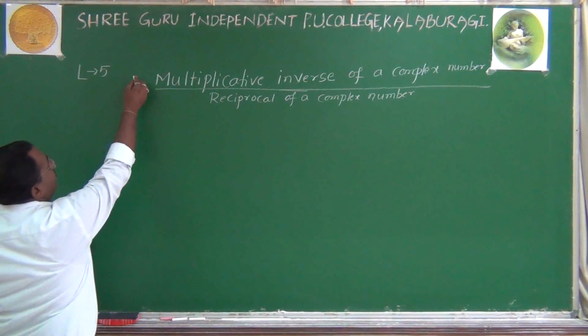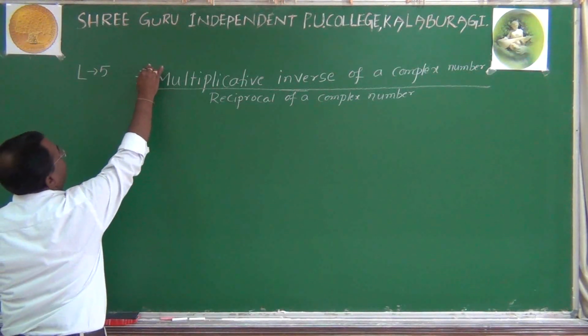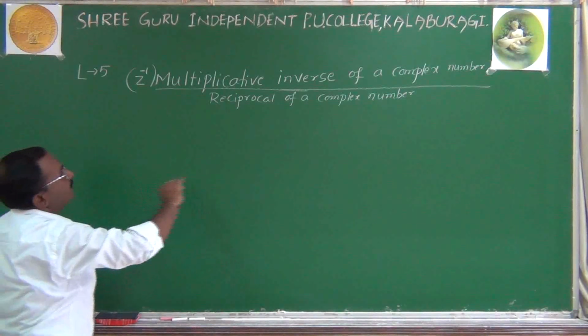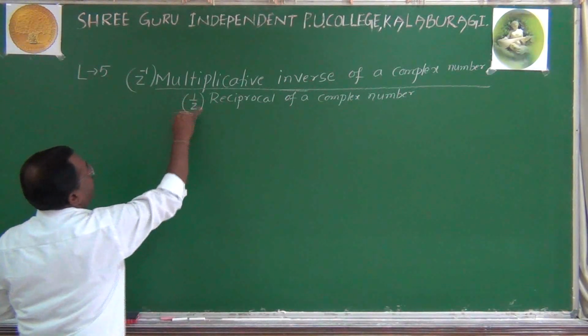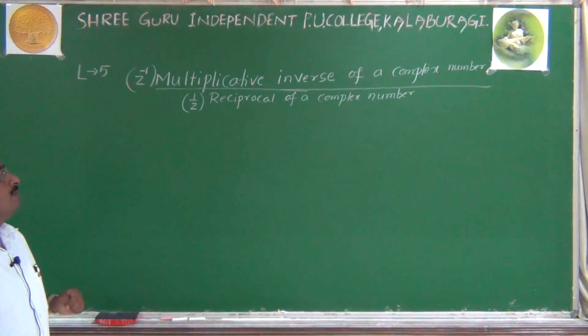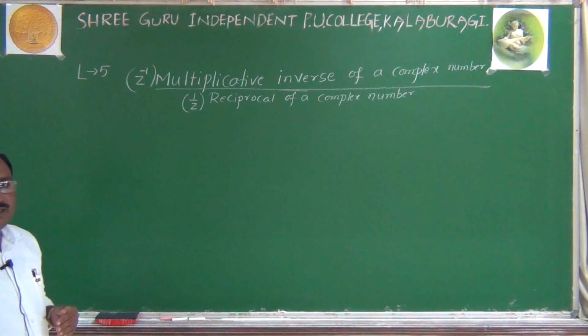Multiplicative inverse, that is a symbol. This is the multiplicative inverse symbol. Reciprocal means 1 by z, both are same. Multiplicative inverse of a complex number. What is the definition?